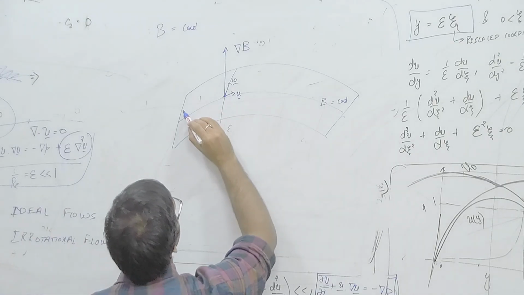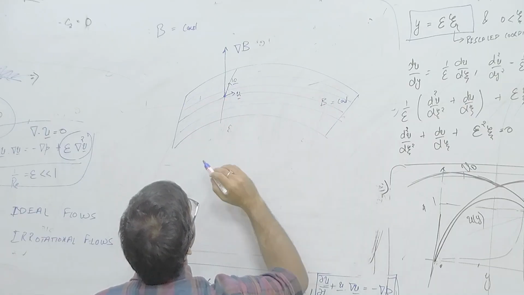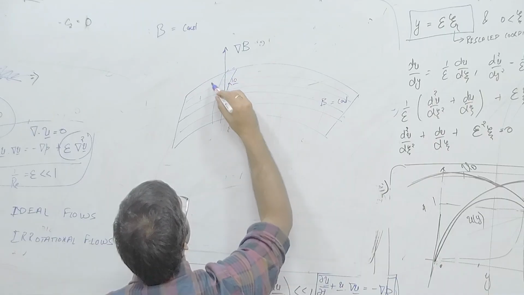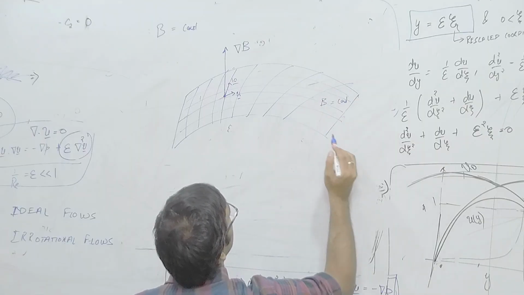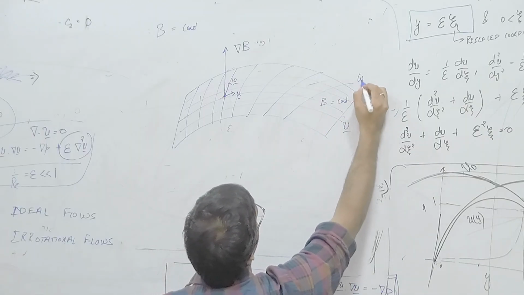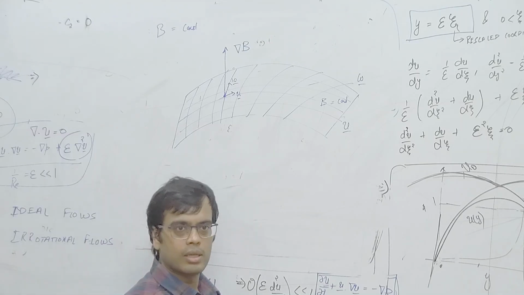Okay, and that tells us, so let us say these are the lines of u and omega. What do we call those lines which are always parallel to u? Streamlines.